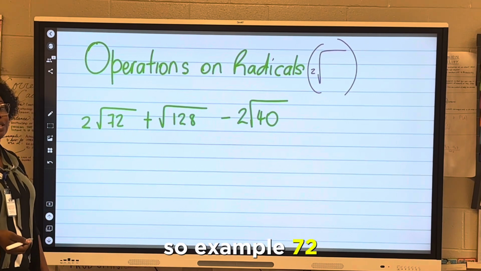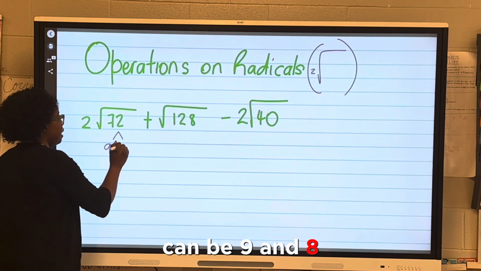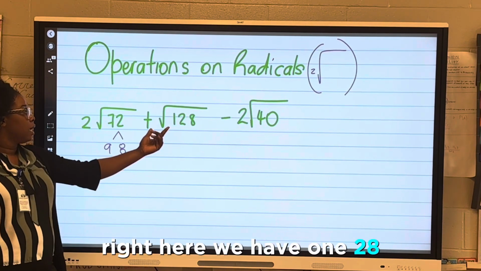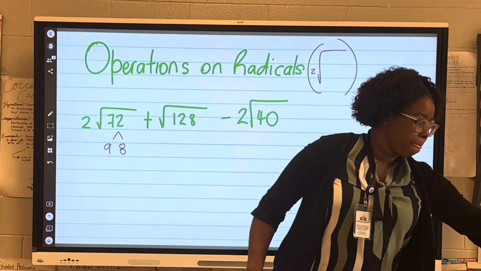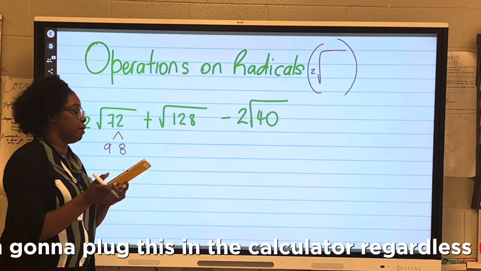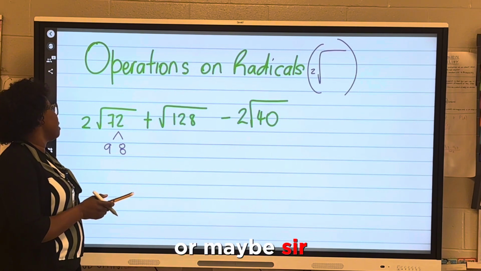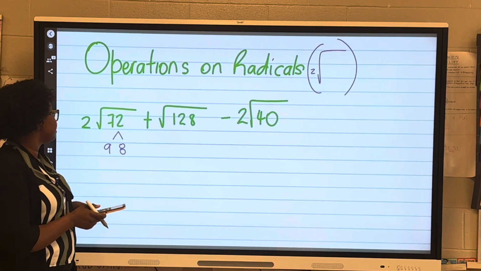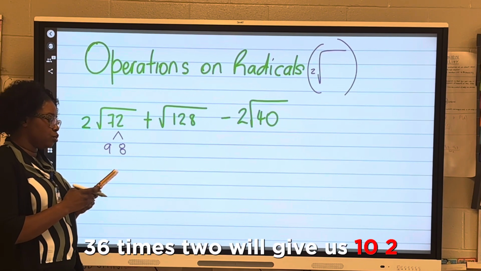For example, 72: 2 factors of 72 can be 9 and 8, right? For 128, I think it's going to be 64. Or maybe for 72 it could be 36 and something. 36 times 2 will give us 72.